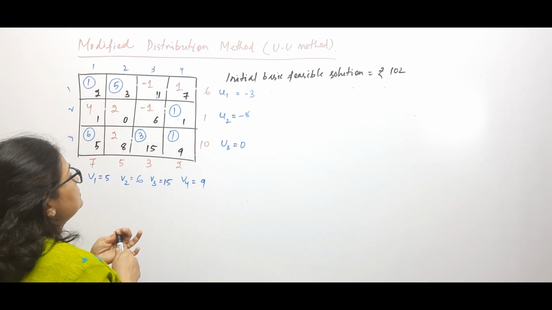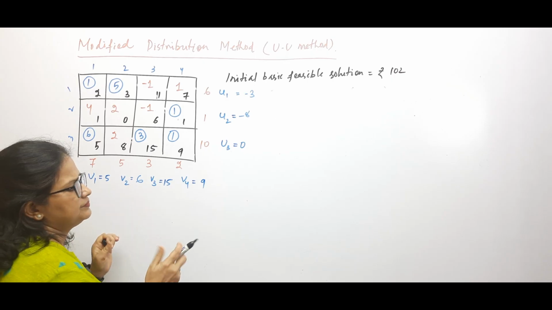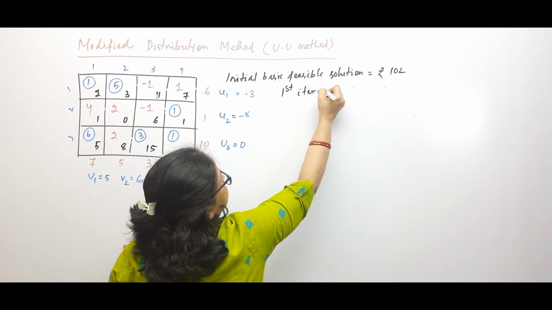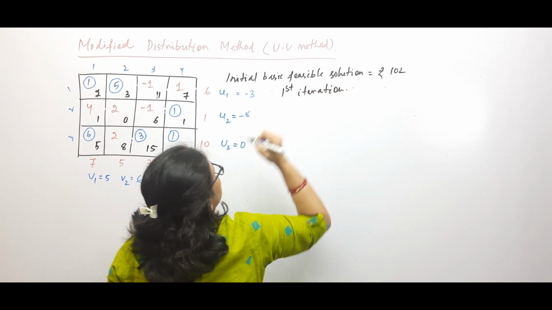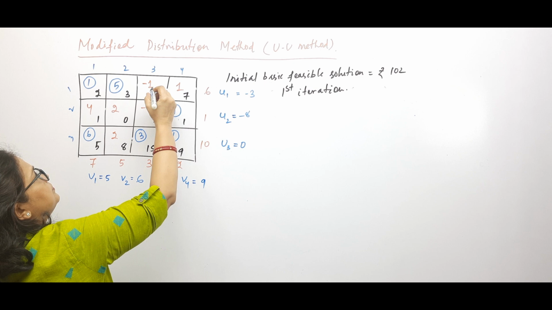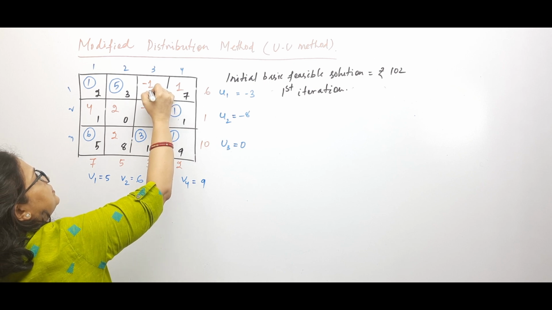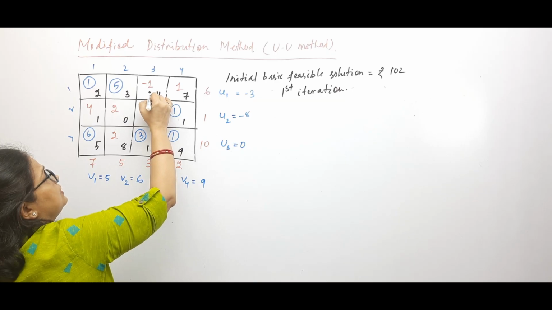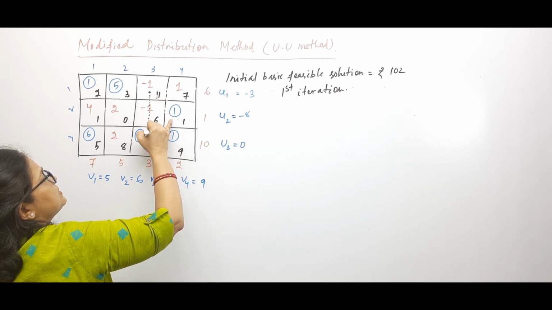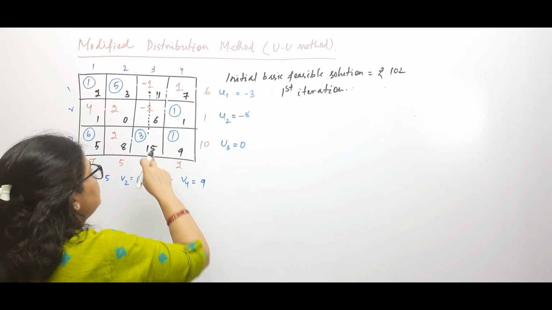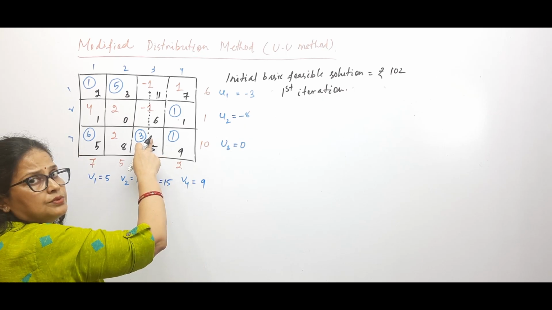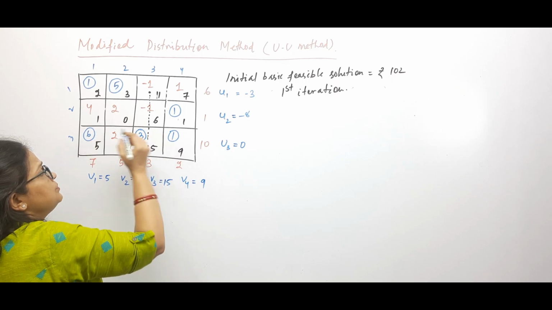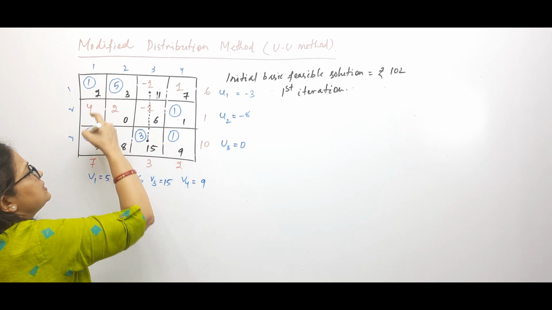So let us do the first iteration. How do we find the closed loop? This loop will start from here, and it will always come in a clockwise direction, passing through the allocated cells.